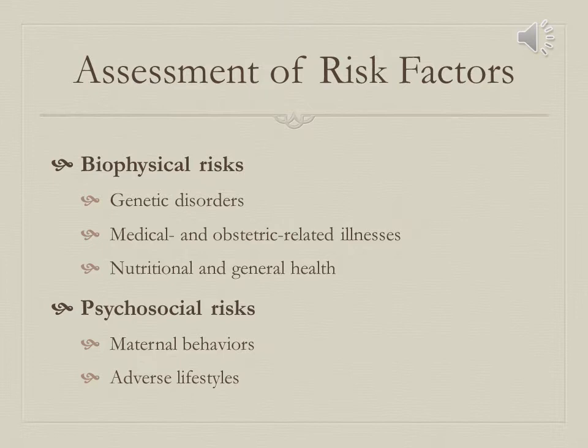There's the obvious risk with your adverse lifestyle that is associated with the use of drugs or alcohol in pregnancy, because that puts the fetus at risk developmentally. And at delivery, the neonate is at risk for fetal alcohol syndrome, neonatal abstinence syndrome, issues specific to the baby that we'll discuss in later chapters.